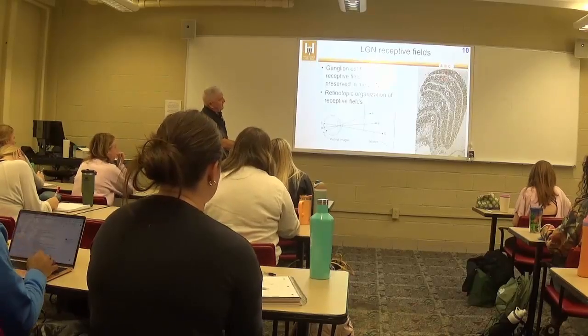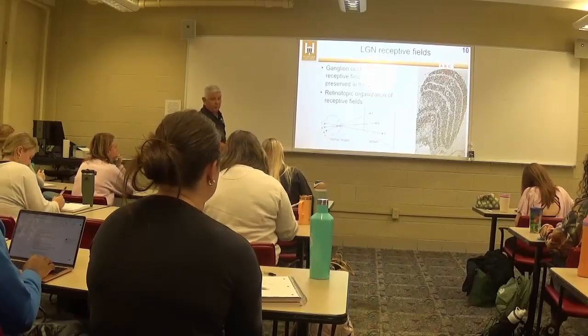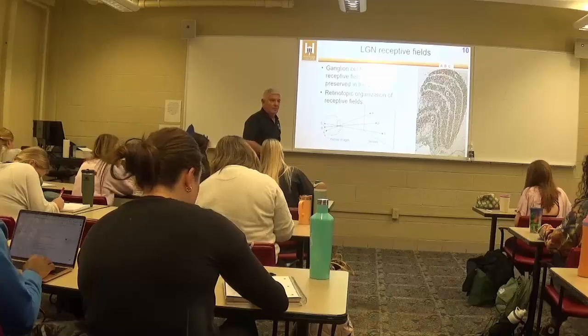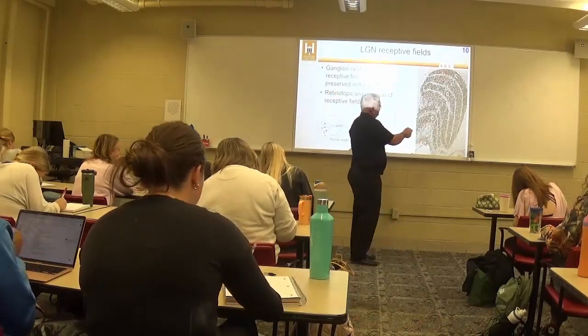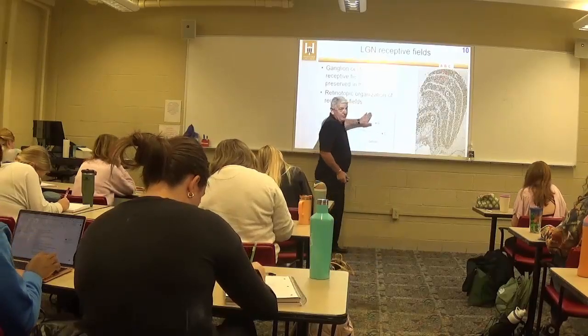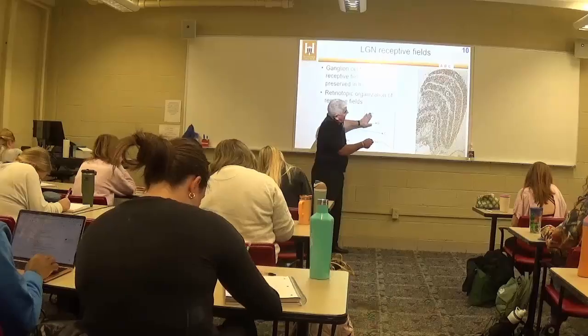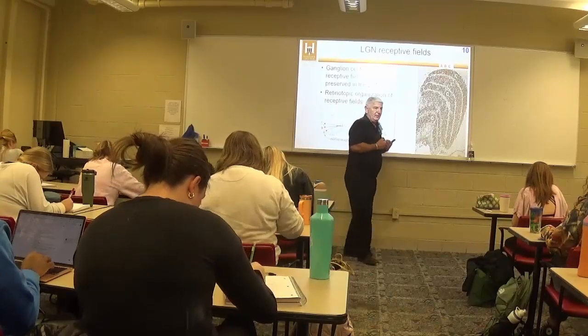You can see these C's and I's here. That's contralateral and ipsilateral inputs from each eye. We're matching up the contralateral with the ipsilateral for A, so we get one representation of A, one of B, one of C, right next to each other.